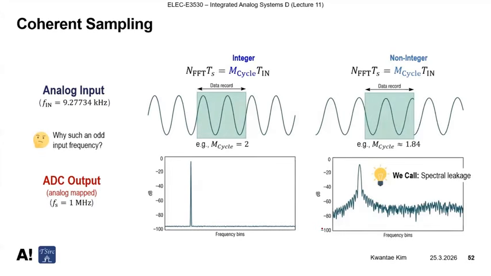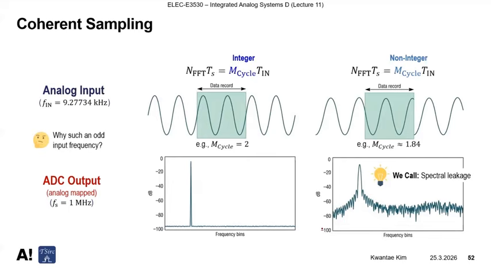Anyway, compare the left case and right case. For the left case, the start point and end point of the samples perfectly align with each other, so it can continue, such that the signal is continuously going on when we just copy and paste and analyze.